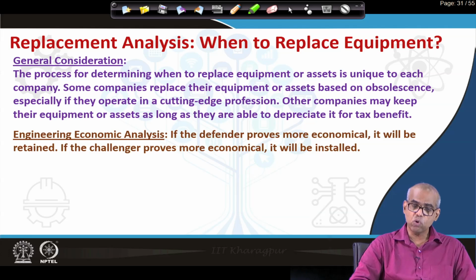If the existing equipment is more economical, it will be retained. If a new equipment or challenger happens to be more economical, it will be installed and replace the existing equipment.